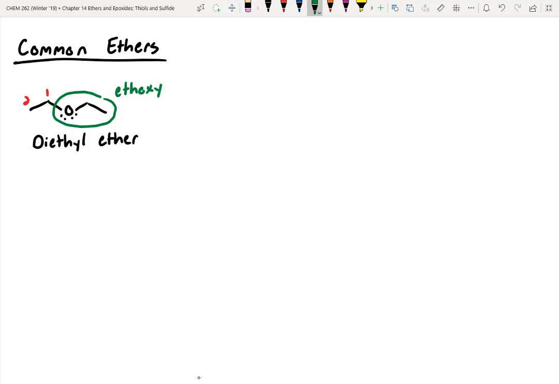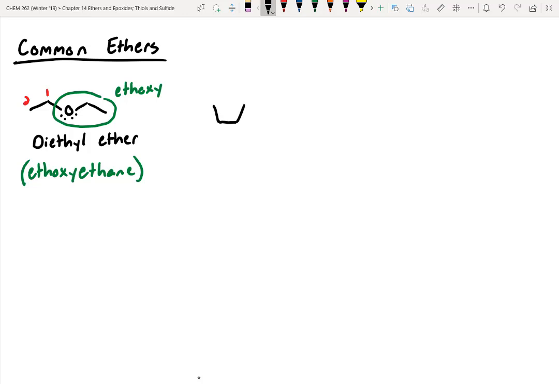So you could call this ethoxyethane. However, most people just simply call it diethyl ether. It's a lot easier. So there's these 2 different naming systems you can use. With symmetric or simple ethers, you can just call it whichever alkyl groups are coming off each side in alphabetical order, followed by ether. However, with more complicated ones, you normally do the IUPAC naming system.